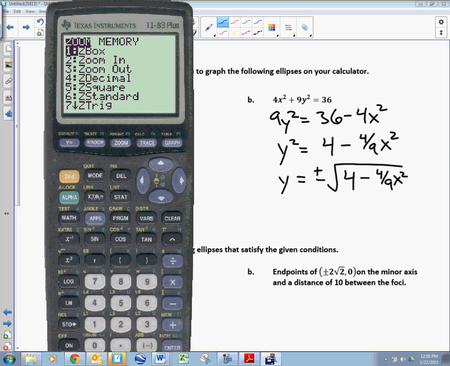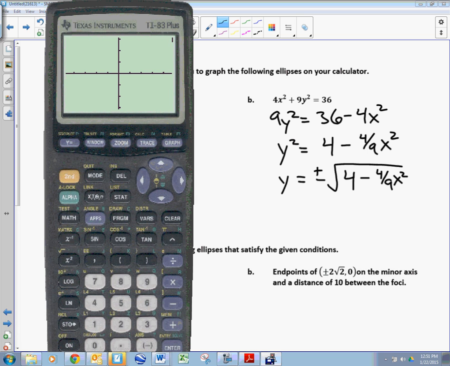And if I zoom as a decimal, did it graph the whole thing? No, it just graphed the top. Whereas if I now place in the negative second square root of, same thing, 4 minus 4 divided by 9, parentheses, x squared, parentheses. Now, it completes it on the bottom.